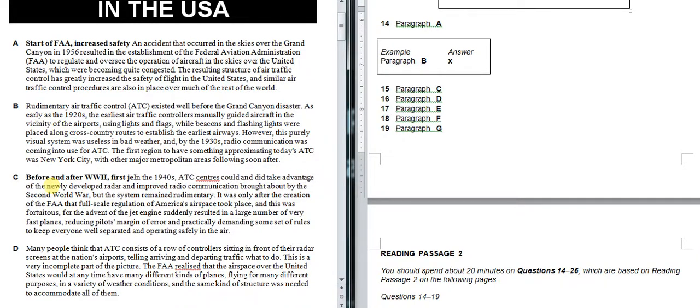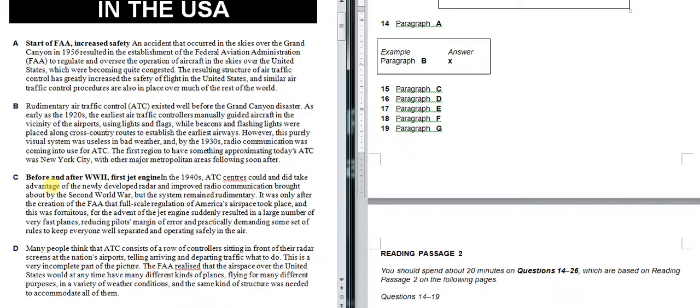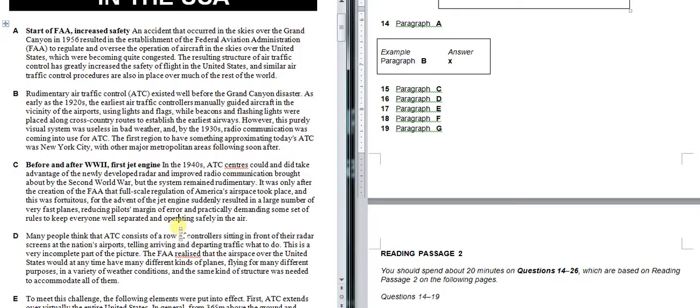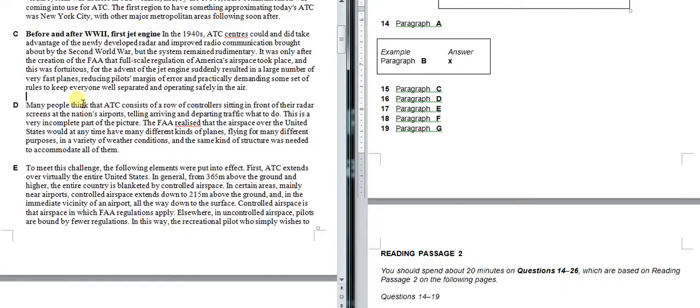First jet engine. So you have kind of before World War II, and then after World War II. And we have the beginning of the jet engine. Remember, these don't have to be perfect. Just your best effort is enough. Moving on to D. And if you need to pause the recording and try on your own, please do.